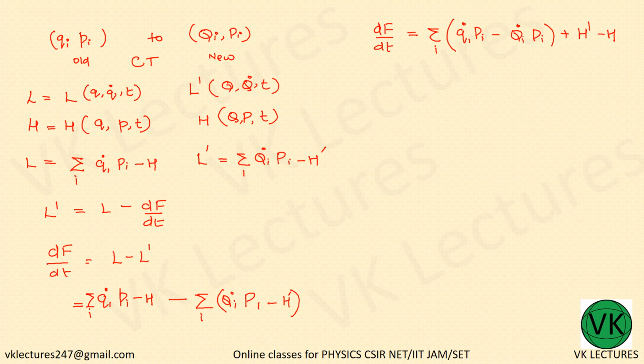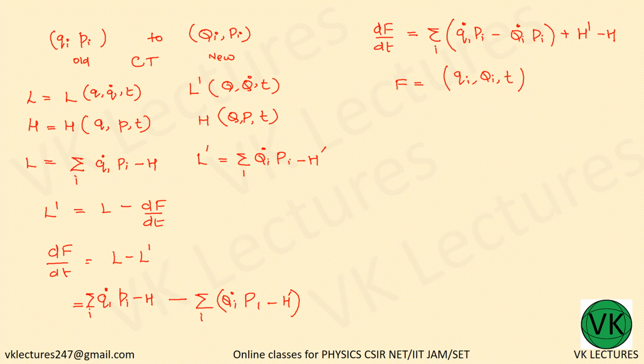So if we are writing f as a function of qi, capital Qi and t, this is an assumption that we are making, that the function f is a function of small q, capital Q and t.